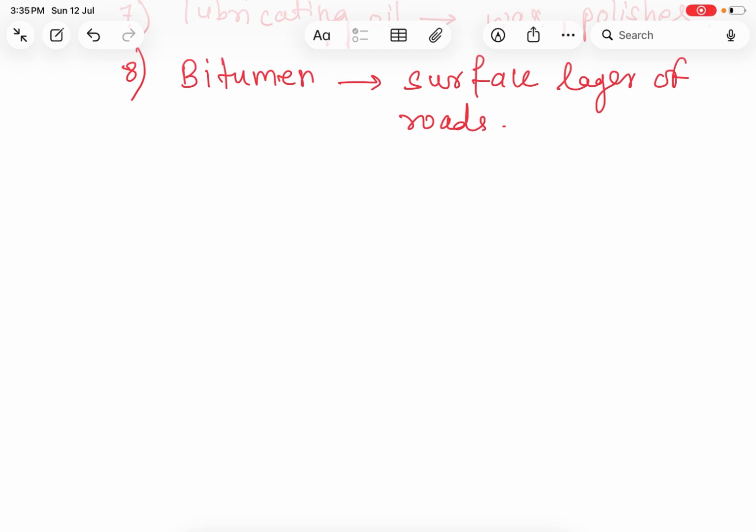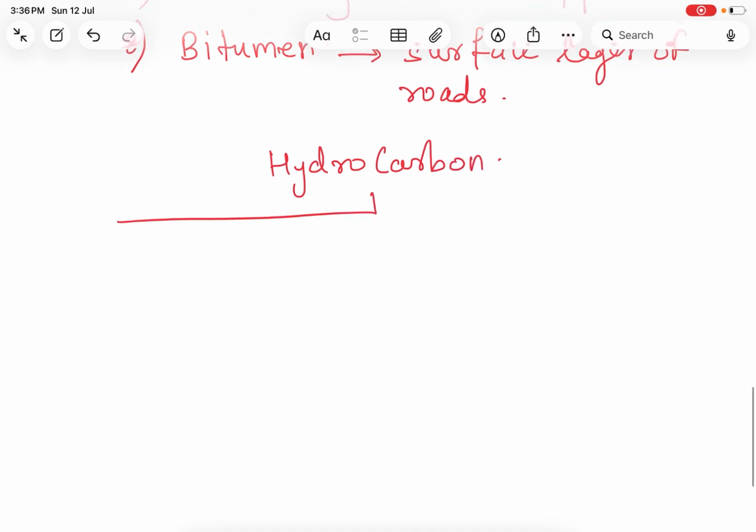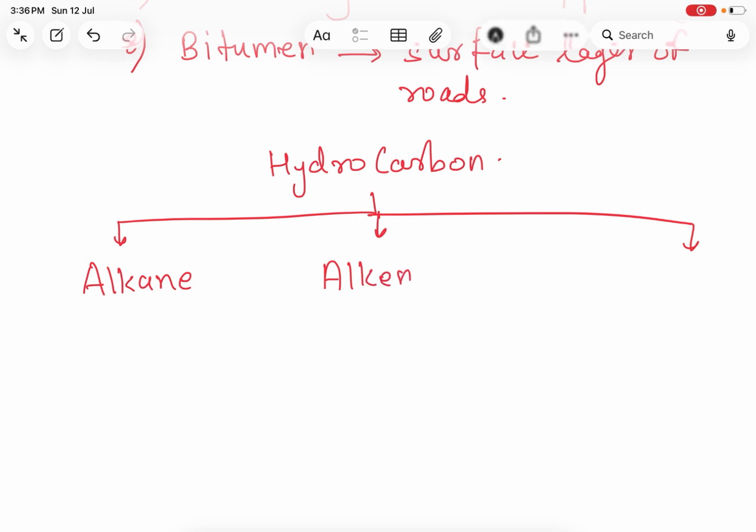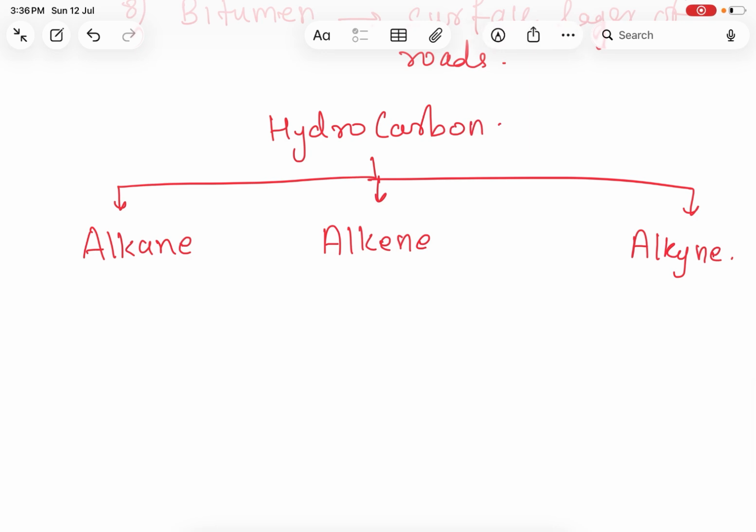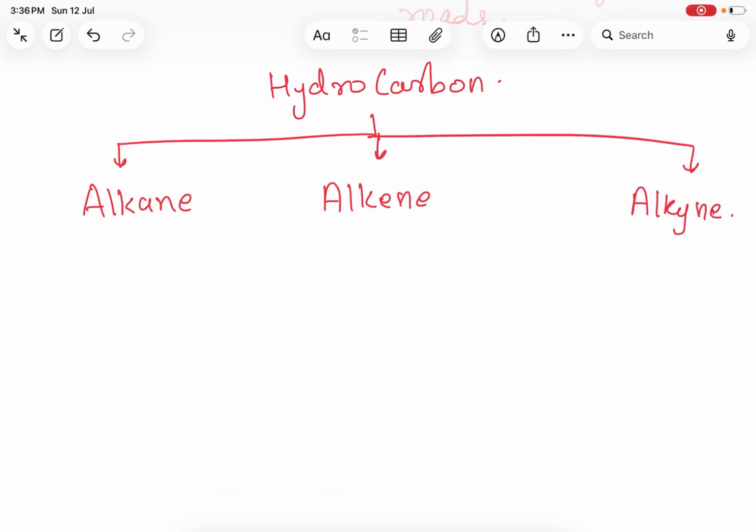Now these hydrocarbons that we are learning are divided into different categories based on the bonding they have. We have these three categories: alkane, alkene, and alkyne. We have to understand one thing: carbon can make four bonds.